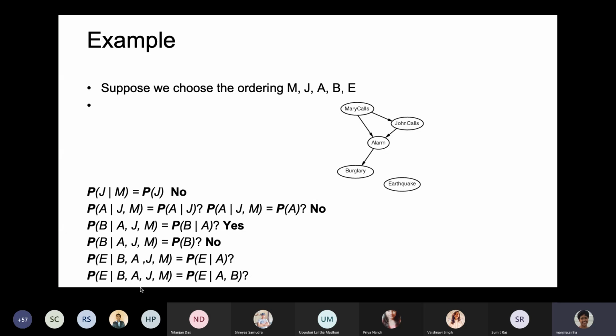So the advantage is that in my conditional probability table, I only need to have these. I don't need to have all these values. And then by multiplication, we can find the full joint probability distribution. Yes, ma'am.